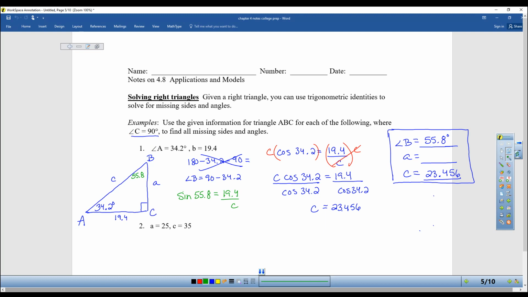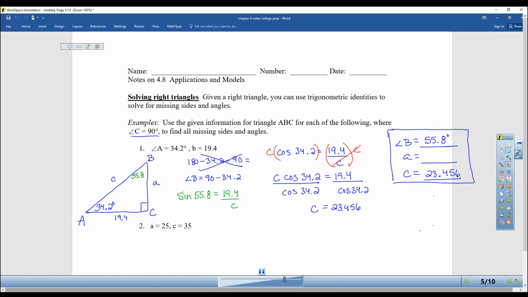Here's the only reason I don't recommend that. If for some reason you typed it into your calculator wrong or did it in your head wrong, and B is not 55.8, then now you're going to get two answers wrong. So for everything you choose, use values for which you actually know them for sure because they were given. That's why I chose cosine.